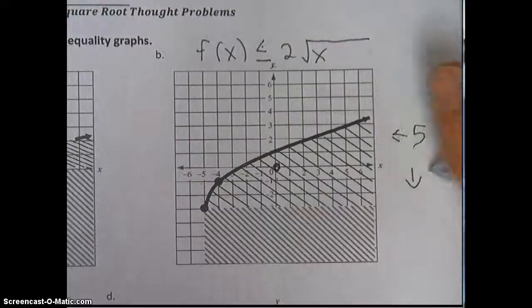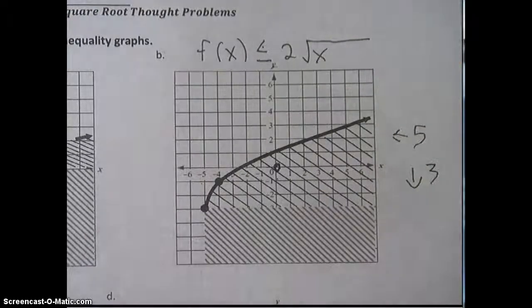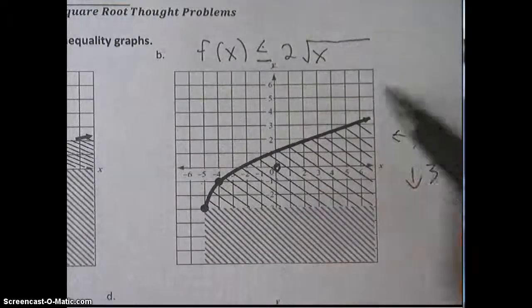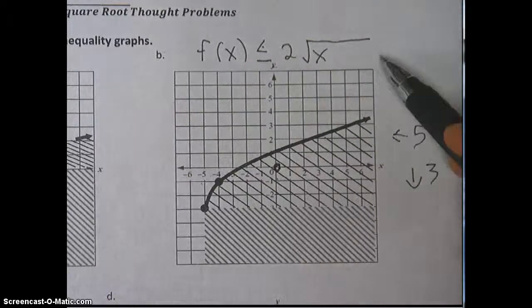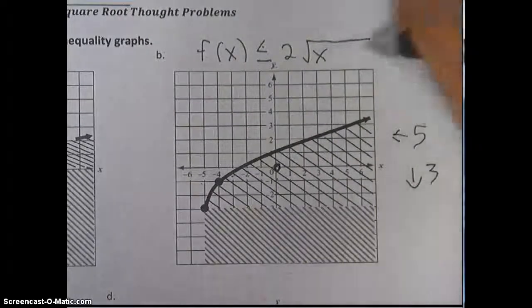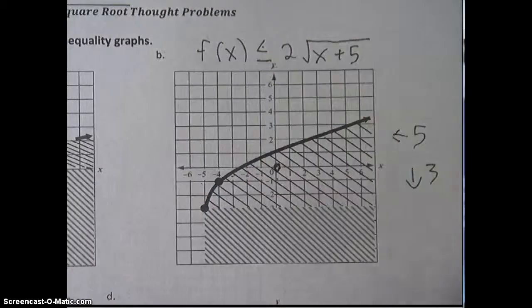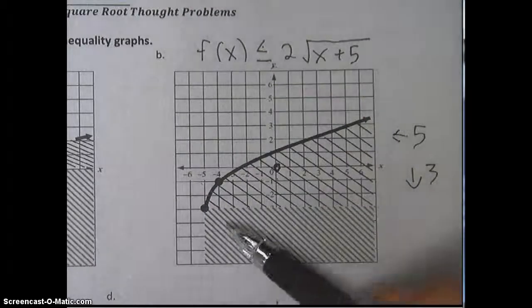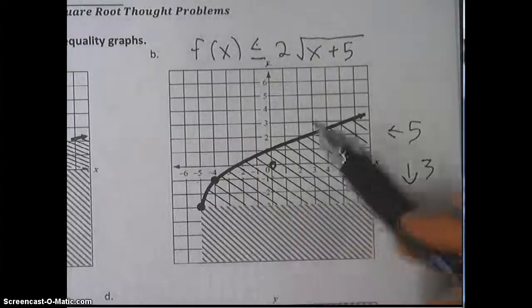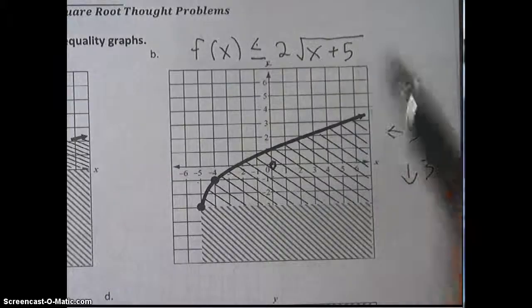Left 5, down 3. So to make this thing go left, remember underneath the square root is left and right. So to make it go left, you're going to put a plus 5, because underneath the square root, it's counterintuitive. Even though we're moving left, which you would associate with negative numbers, we're going to do the opposite. We're going to put that plus 5.